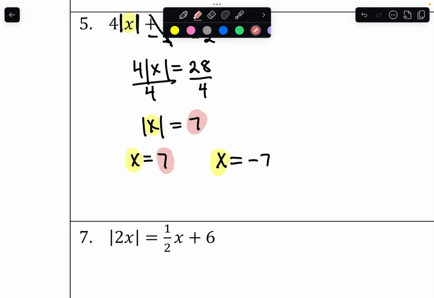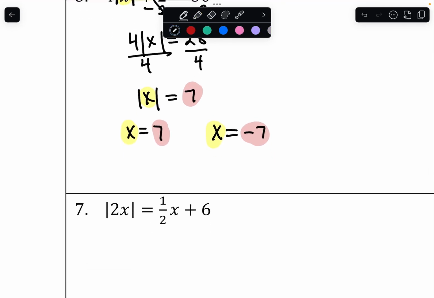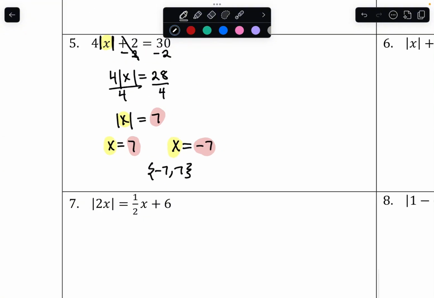And then we're done. These are our solutions. And you can plug those back in and see that they work. And so negative 7 and 7 are our final answers.